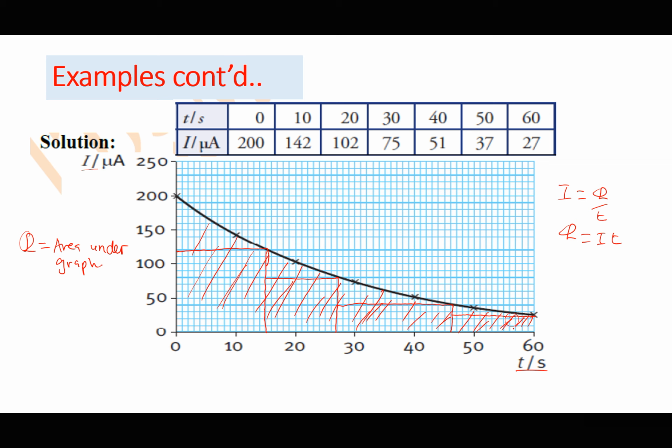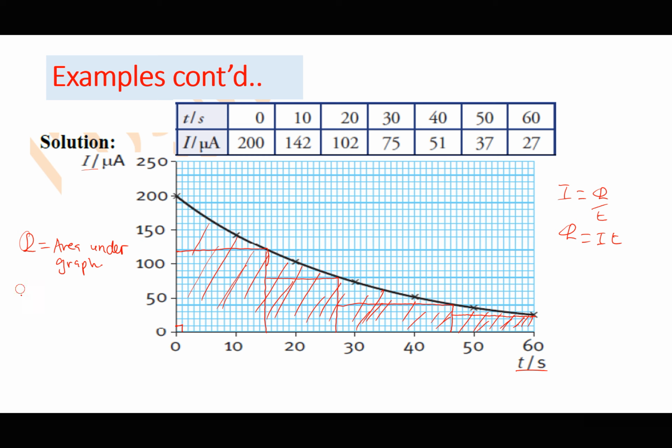You can first find the area of the regular shapes. And then, of course, in your mind, you should be knowing what the area of one small square is in terms of charge. So on the x-axis, one small square is equal to 1 second. On the vertical axis, one small square is equal to 10 microamperes.